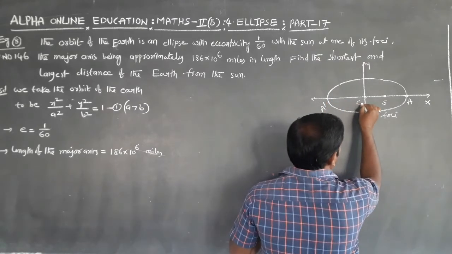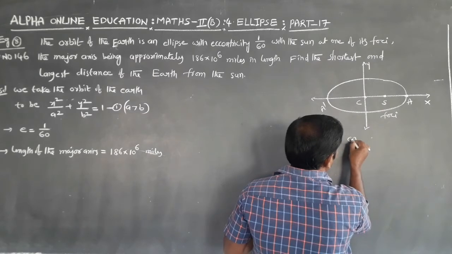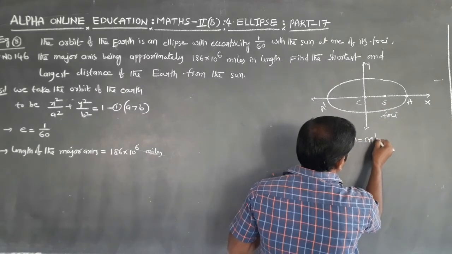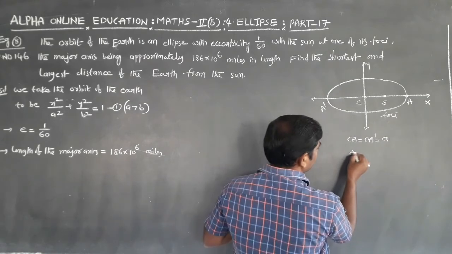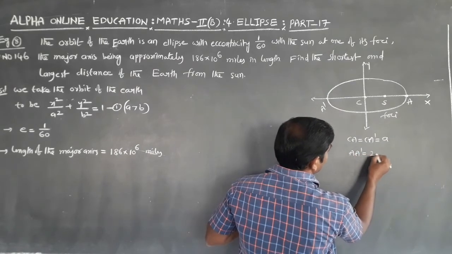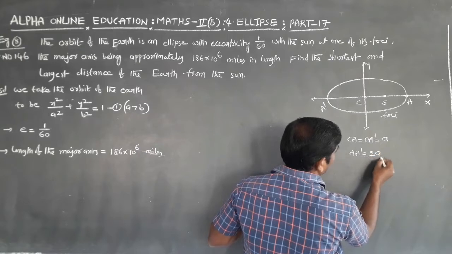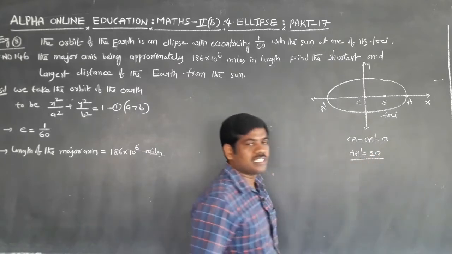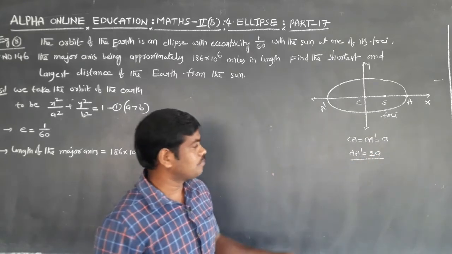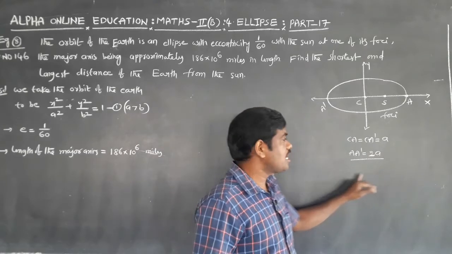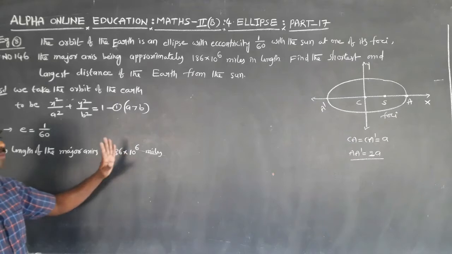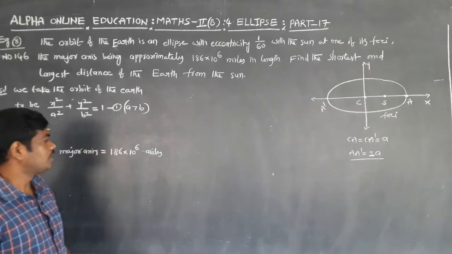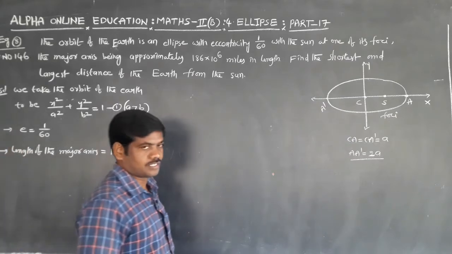This is the center C. CA equal to CA dash equal to small a, so A A dash is equal to 2a. Length of the major axis of an ellipse is 2a. Here it is given that the length of the major axis is equal to 186 into 10 to the power of 6 miles.